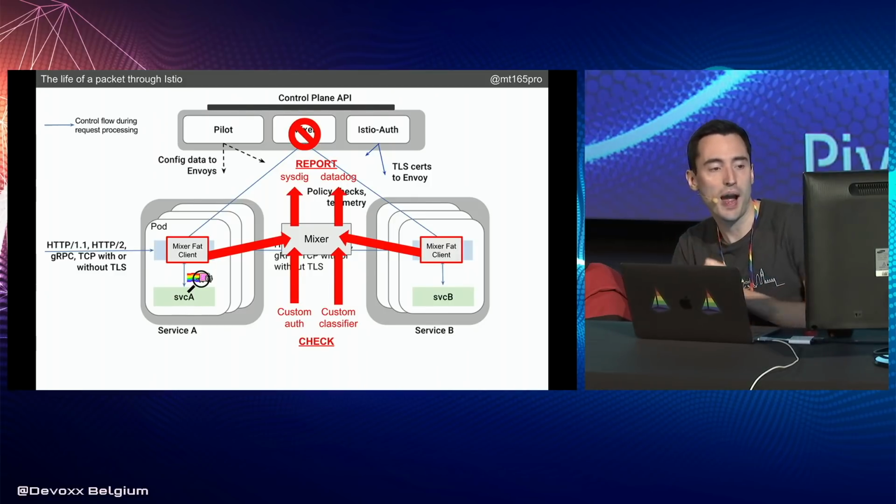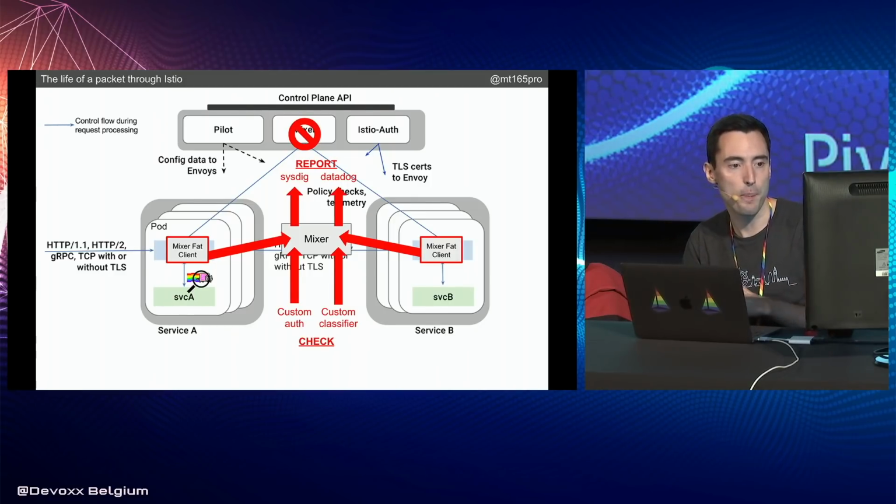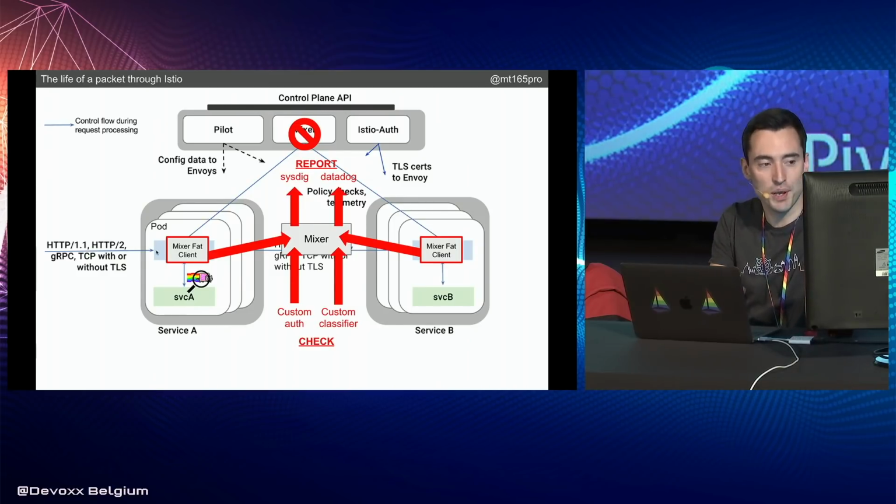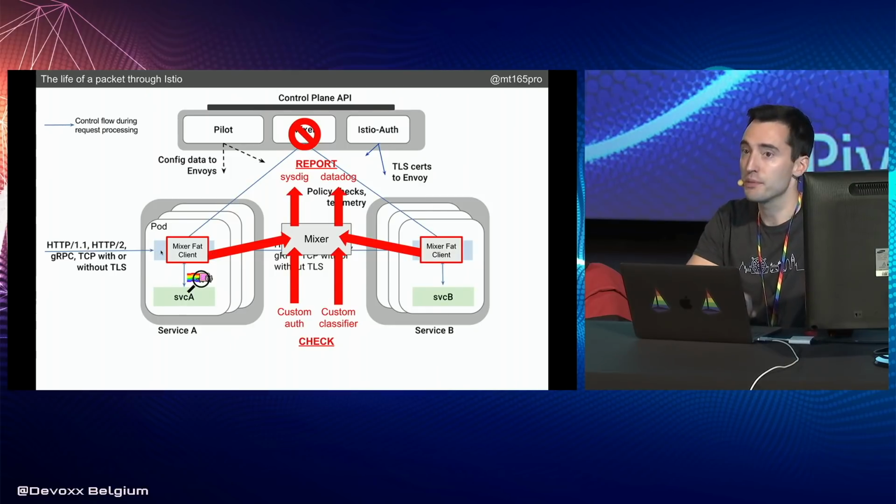Envoy also has knowledge of Kubernetes, so it also will send the Kubernetes context. So if you have an HTTP request come through here, not only will the HTTP headers be sent to Mixer, Envoy will also say, well, I'm in this pod, a part of this deployment on this host, in this zone, in this region.